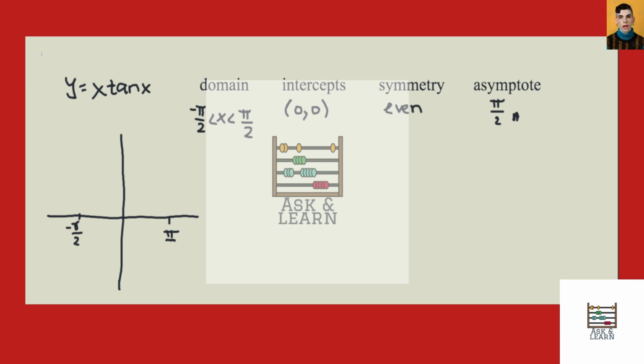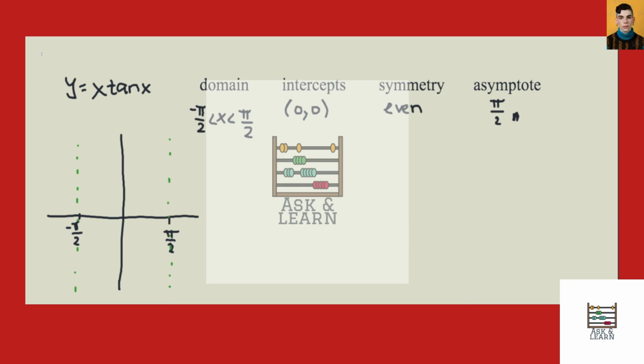So pi over 2 and negative pi over 2, that's our bounds for the domain. All right, and we already said that we do have an asymptote there. So everything within the asymptotes, we're going to have our graph within here.